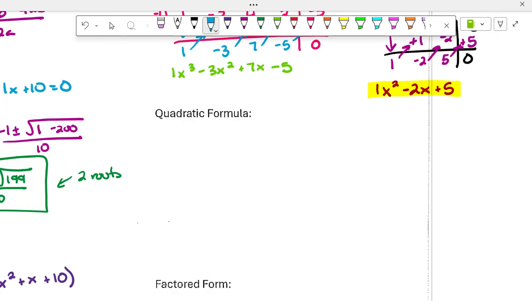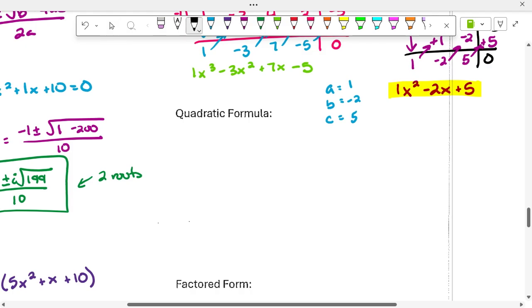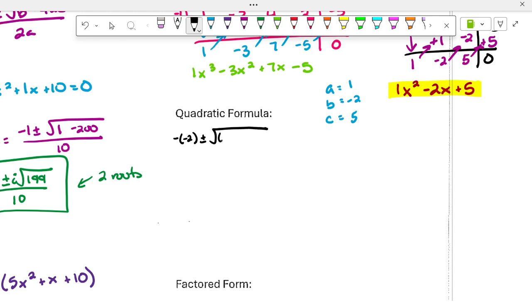All right. So ABC, what is it? 1, -2, and 5. So if I put it in the quadratic formula, I have a negative times -2 plus or minus the square root of -2 squared minus 4 times 1 times 5 all over 2 times 1.